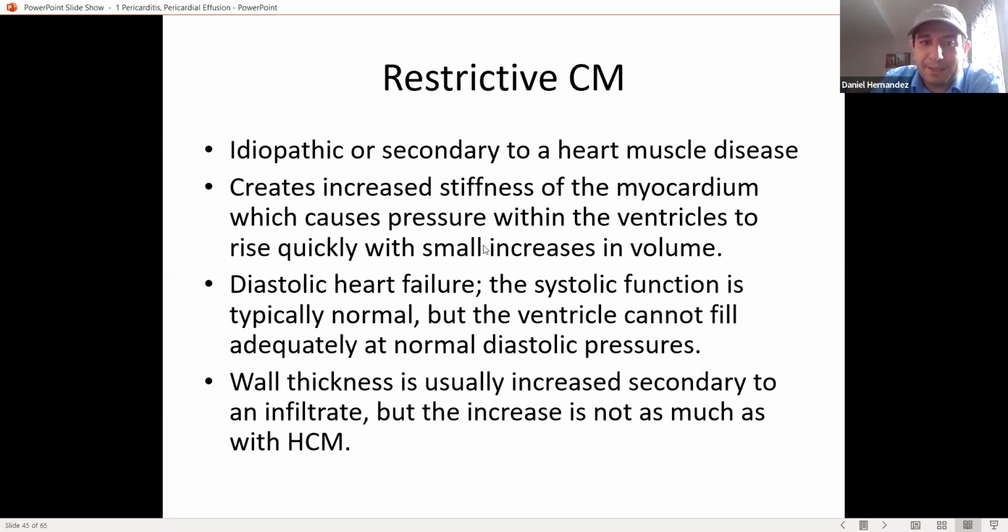This leads to diastolic heart failure. Again, we know systolic function is typically normal. Wall thickness is usually increased due to infiltrates within the myocardium, but the increase is not as much as with hypertrophic cardiomyopathy.